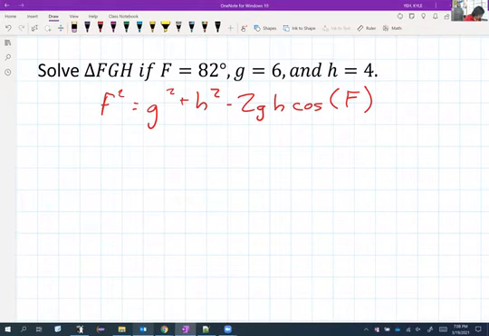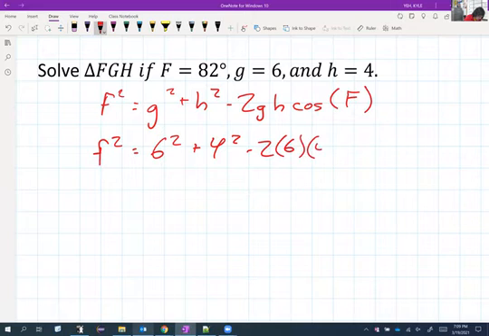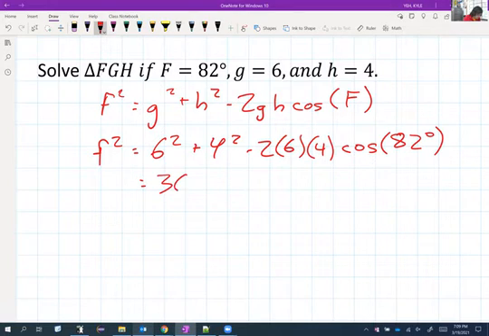So, okay, I don't know what F squared is, so I'll start plugging stuff in. F squared equals 6 squared plus 4 squared minus 2 times 6 times 4 cosine of 82 degrees. Could we, on this particular problem, start working this out by hand? Minus 2 times 6 is 12, times 4 is 48, cosine of 82 degrees.